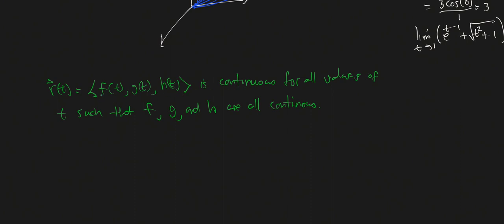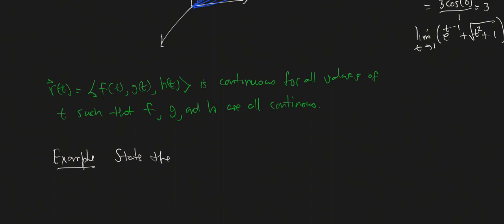It's like you're doing a continuity problem, but three times over or two times over, depending on whether the vector function is in R2 or R3. So we're going to look at the continuity of each component, and then see what values of t make all three components continuous. Let's look at an example of this.